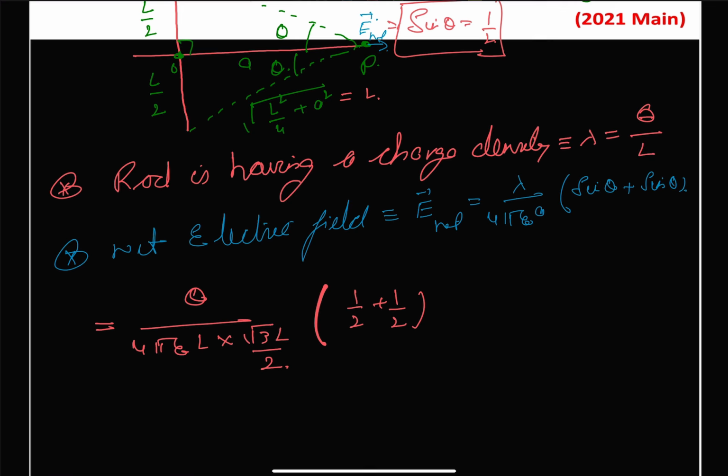This becomes 4 pi epsilon naught square root of 3 and L square, times 1.